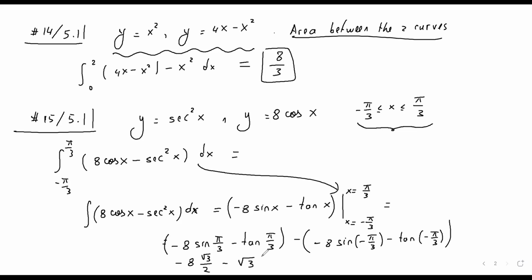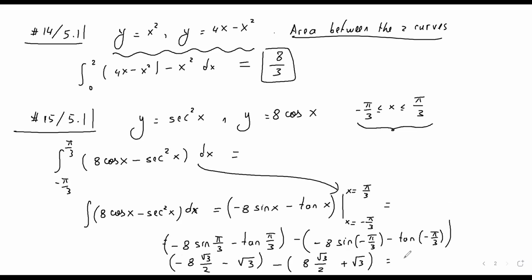So minus square root of 3, that's one part, minus, and then the next thing is negative 8 times sine of negative pi over 3, which is negative 8 times, so it's going to be positive 8 square root of 3 over 2, minus tangent of negative pi over 3 is plus square root of 3.